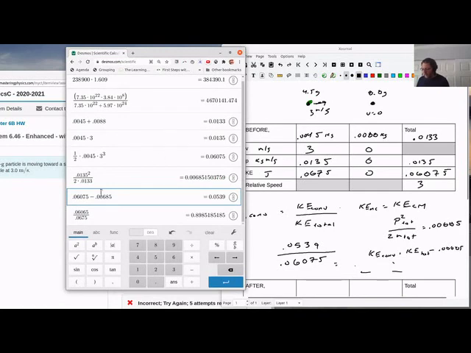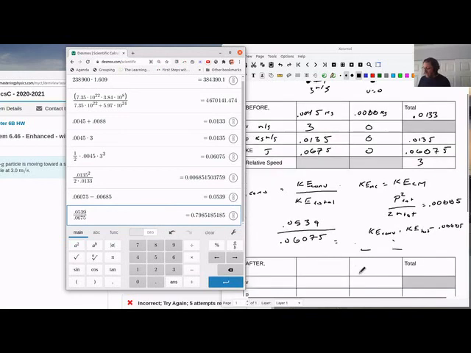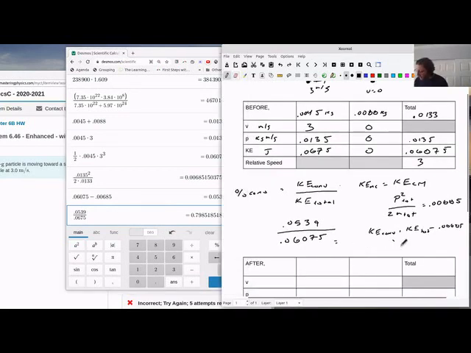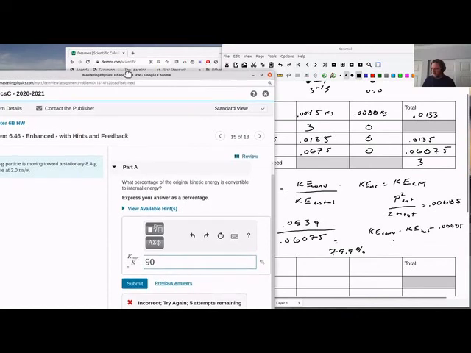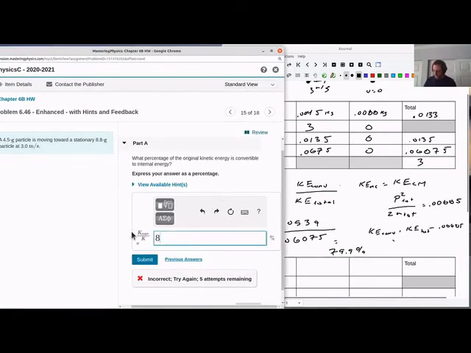Then I will fix that. 0.0539 divided by the total, and I get 79.8%, 79.9%, which I'm going to round to 80. Let's see. Whew. All right, something else has gone wrong fundamentally. I'm going to pause and track it down and tell the whole story.